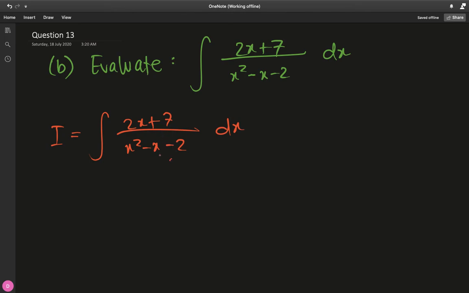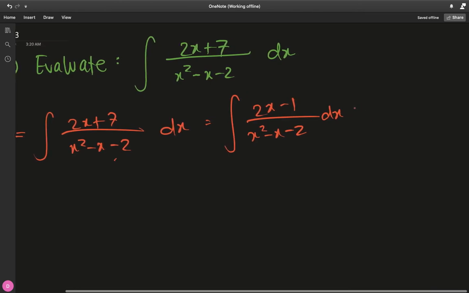The derivative of the denominator is 2x minus 1. So we can try to create that, 2x minus 1 over x squared minus x minus 2 dx. But we had a 7, so we need to add 8 to maintain equality, plus 8 dx over x squared minus x minus 2.